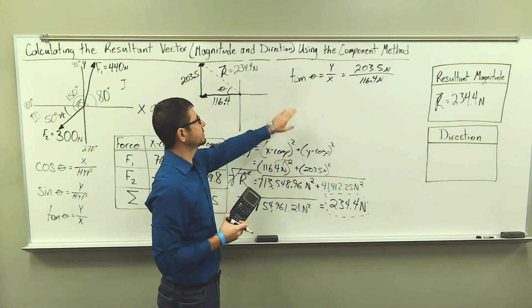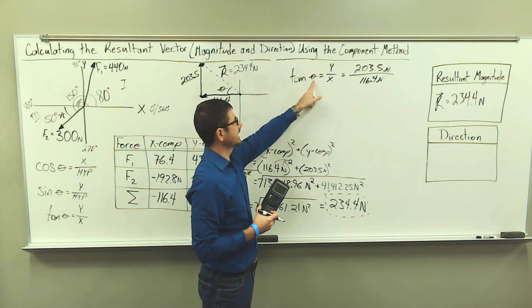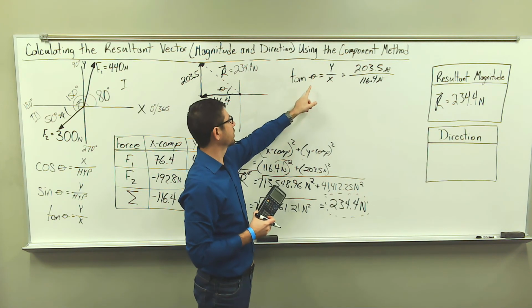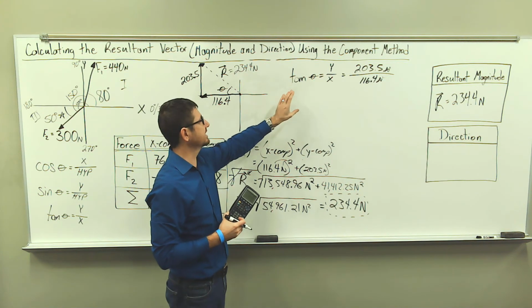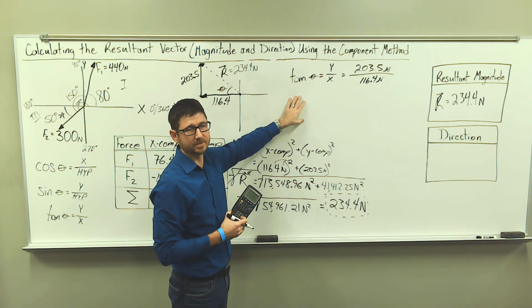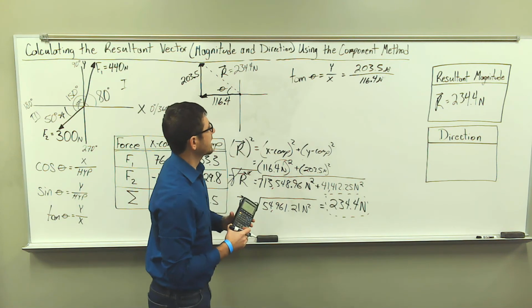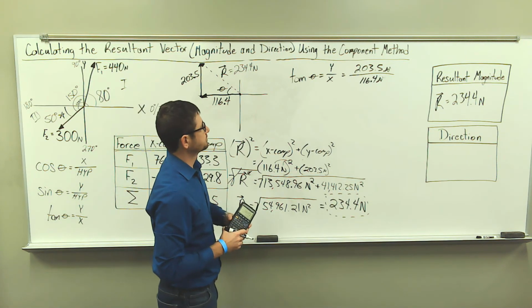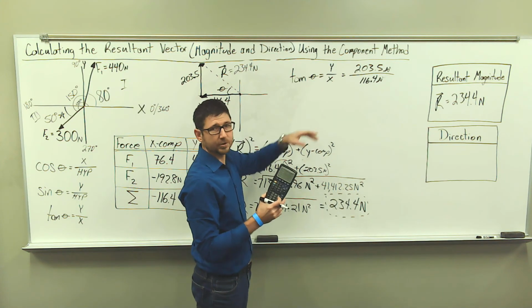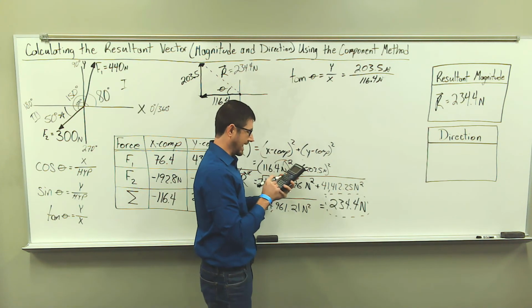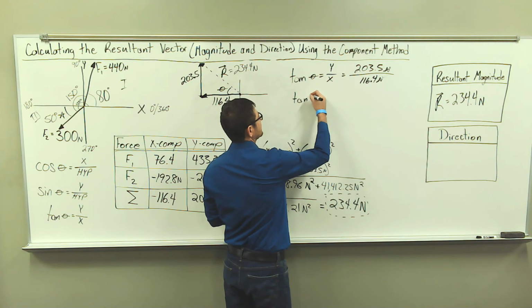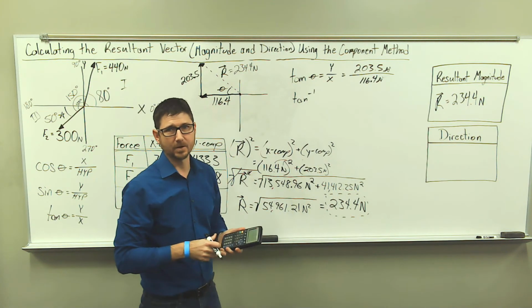So what we're going to do is isolate this angle theta, and what we're going to do is take the inverse of this function, which is called arctangent. Okay, so when I have arctangent, on your calculator, it's written as tangent to the -1, okay?